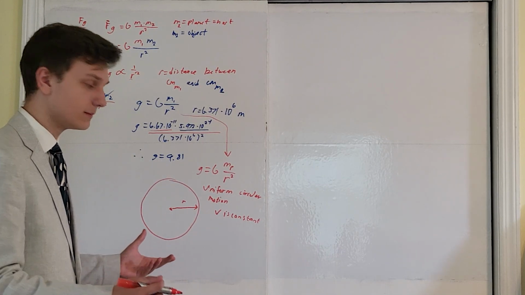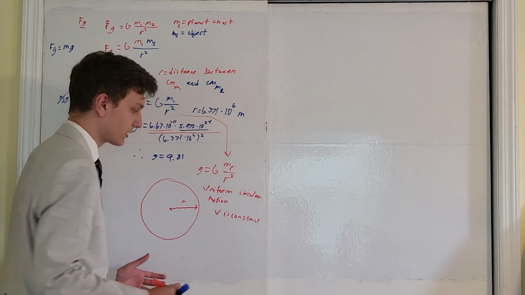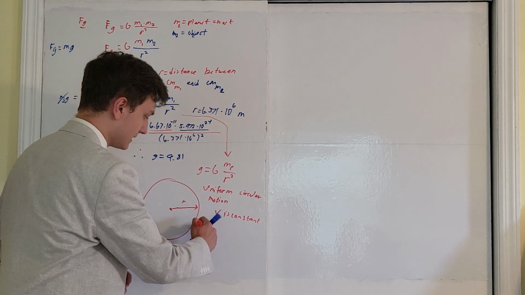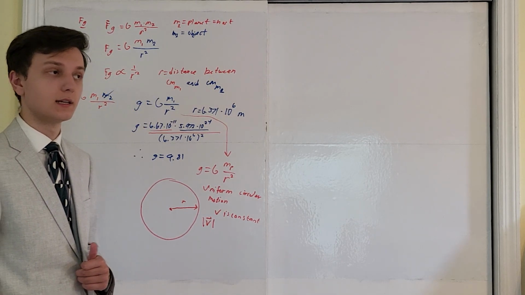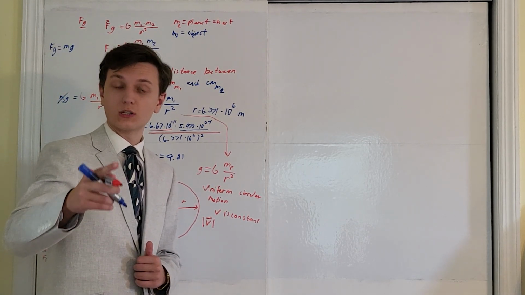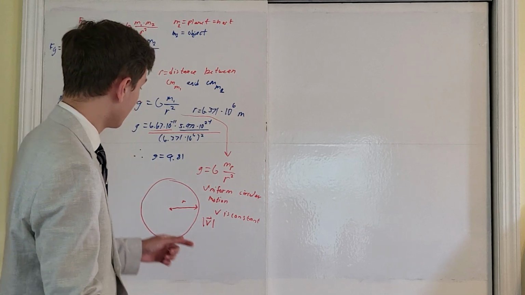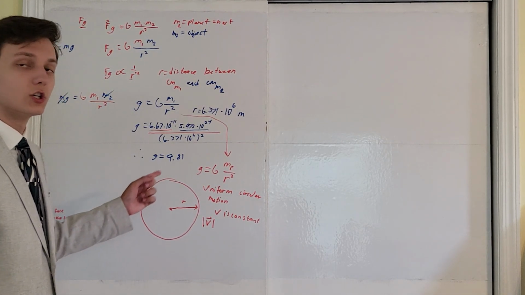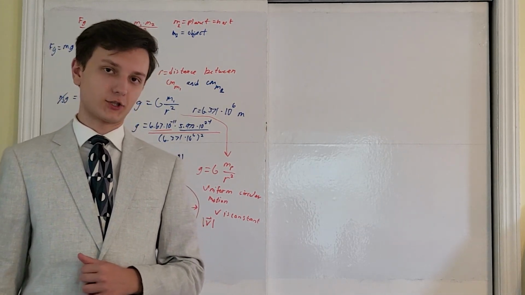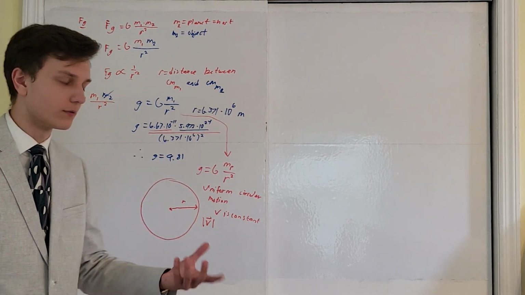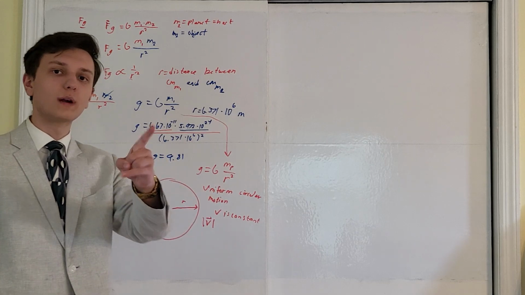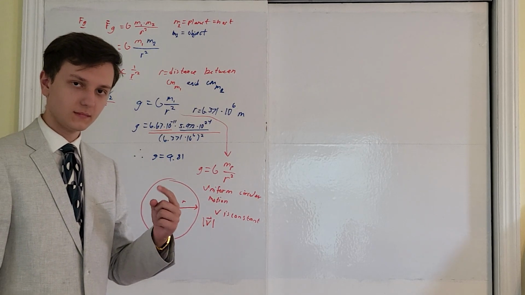Okay, let's discuss the importance of that. In uniform circular motion, the magnitude of the velocity vector is constant, meaning you are still moving at the same speed, but since you're moving in a circle, you are not moving in the same direction, okay? The magnitude of the vector, the value of your velocity, is constant, but the direction in which you're moving is changing.